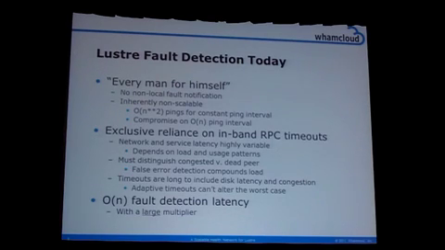Now, in the large systems, network and service latency can be highly variable because it depends on load and usage patterns. So you all, or administrators here, will all be familiar of cases where clients all start converging on a single server.